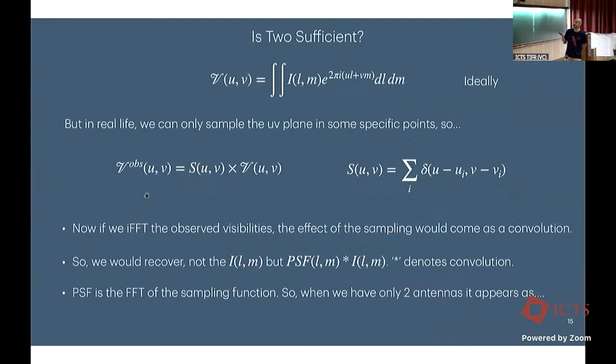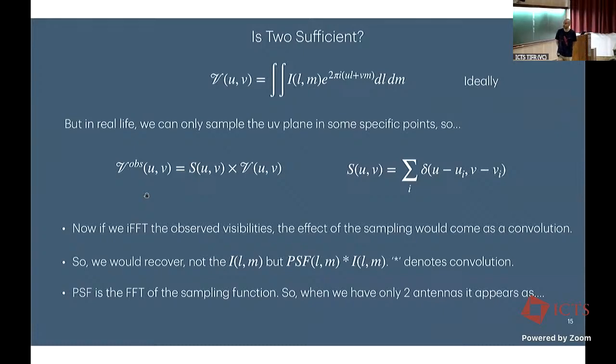So what we get is the observed visibilities, but convolved with a selection function, which is just wherever we have a point in the UV plane, this is the only information we have. So we're actually convolving the visibilities with our selection function.